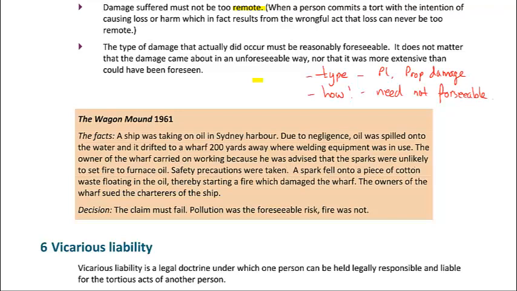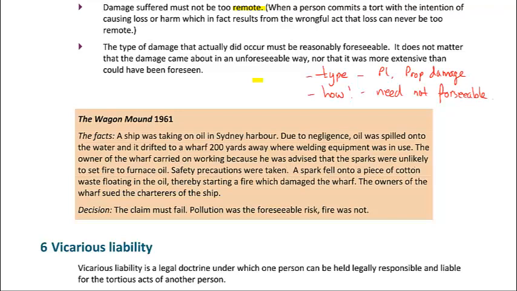Now, they stopped the work straight away and they went away to take some advice. Was it possible that by welding on this wharf they could cause an accident, they could cause an explosion? The advice came back, no, oil on water cannot catch fire. However, it did. Due to a freak situation, a spark fell onto a piece of cotton waste in the water, that burned very hot and that caused an explosion.